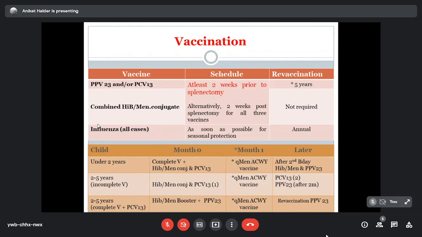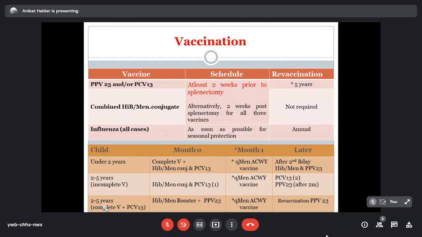In children less than 2 years, complete vaccination should be given along with Haemophilus and meningococcal conjugate vaccine and PCV 13 at month 0, and later after the second birthday, Haemophilus and meningococcal vaccine along with PPV 23 should be considered.